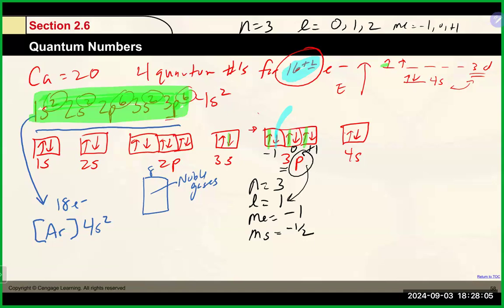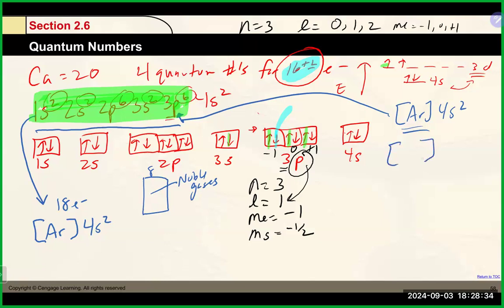Sometimes people will call it a noble gas configuration. I'll write it up here so you can see a little better, maybe 4s2. Again, that is what is in green over here, basically. So that's another way that we can write electron configuration. Again, if we have a shorthand, whatever's in the bracket does need to be a noble gas.